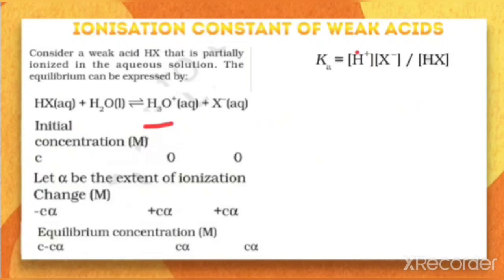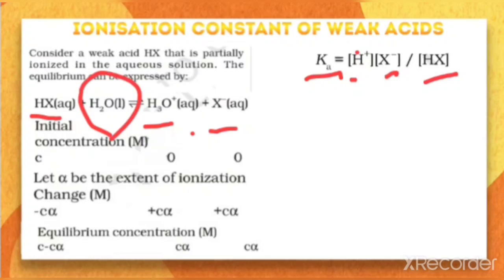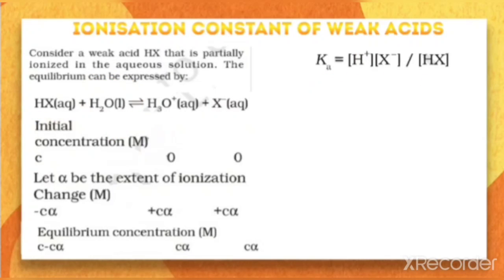H3O+ can be written as H+, and here the concentration of X- divided by the concentration of HX. So water we are taking as a constant, and that we have taken with Kc. So Kc and the concentration of H2O together we are taking as a new constant Ka. Now what is Ka here?